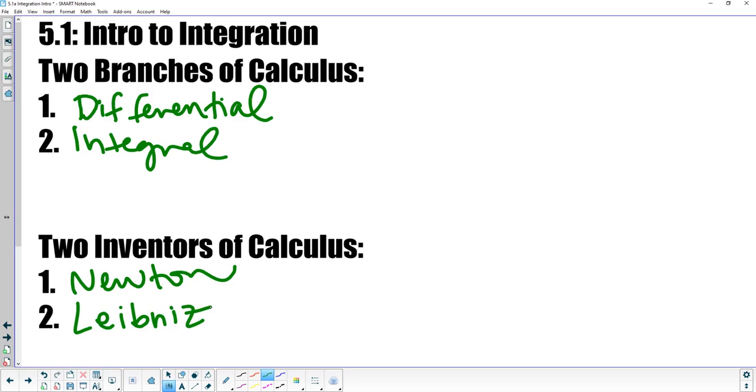You pronounce the second vowel. Newton and Leibniz invented calculus simultaneously but independently, which is pretty wild to me. Newton came at it from a physics point of view, Leibniz came at it from a geometry point of view, and lo and behold, they were inventing or discovering, whatever your philosophy is on that, the same mathematics. Sadly, I feel Newton gets all the credit. I'm Team Leibniz all the way.